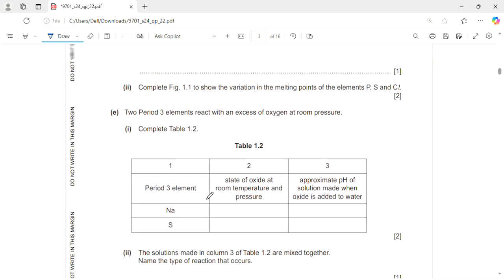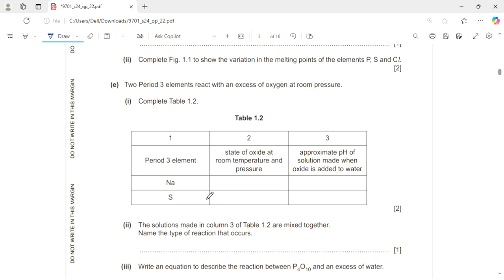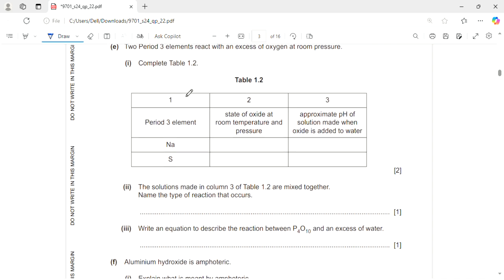So move to another part, E2 period. Three elements react with an excess of oxygen at room temperature. So complete figure 1.2, here is table 1.2. There is sodium and sulfur.